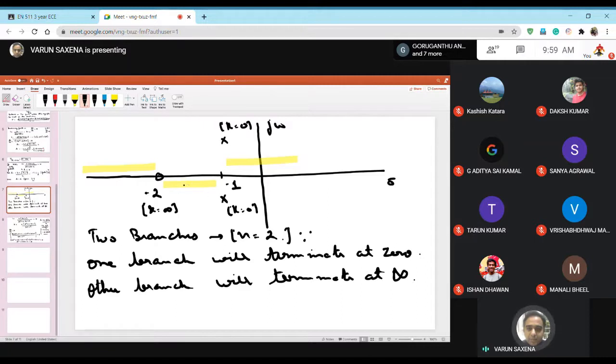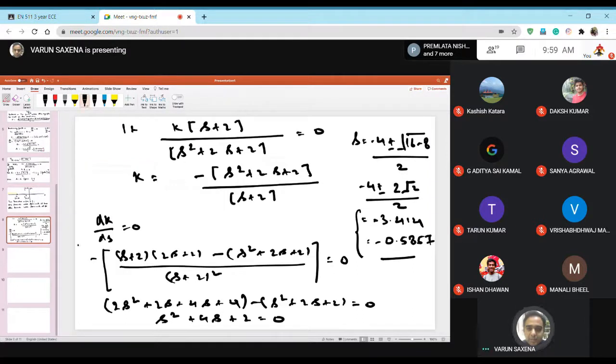So that means the branches are going to move around here. This is the region that lies in the root locus, so I'm just going to erase the regions that do not lie in the root locus. If this is the region that lies in the root locus, which value of s will satisfy for the breakaway point?